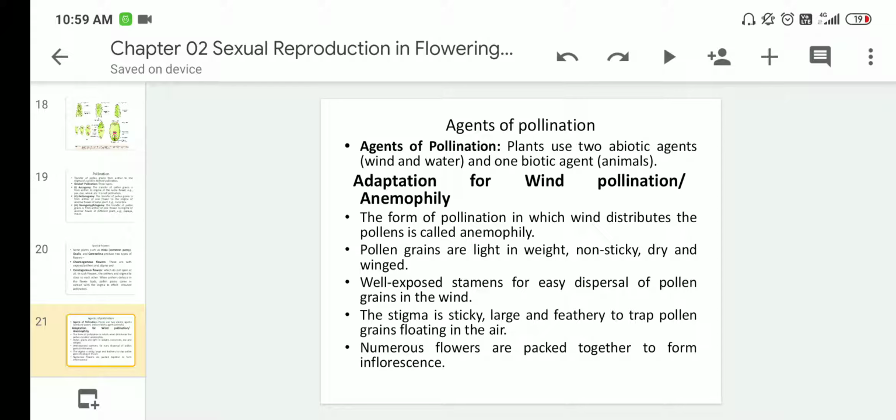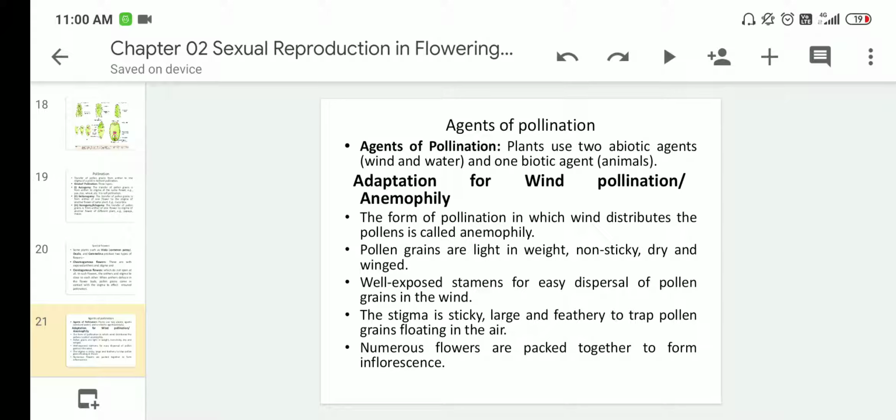Means if it is water as an agent, pollen must not be degraded or disintegrated by water. If it is wind pollinated, the pollen should be lighter, and so on. So we'll study one by one the special adaptability of such plants for specific pollination.